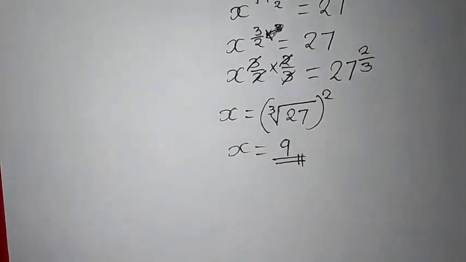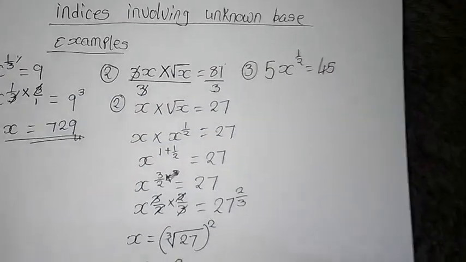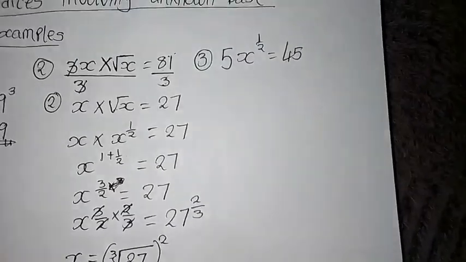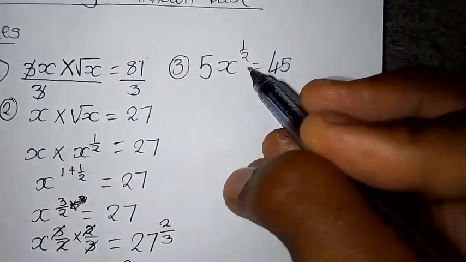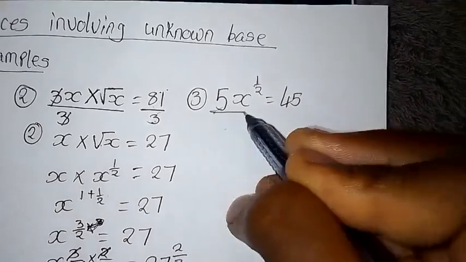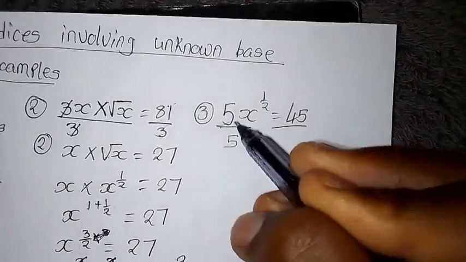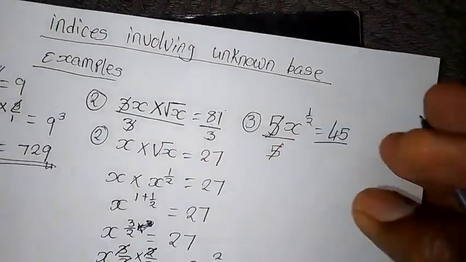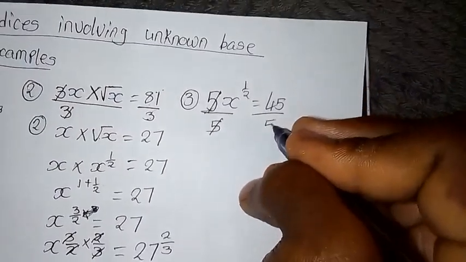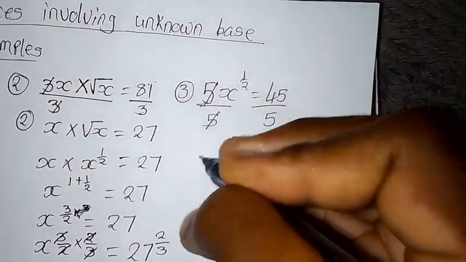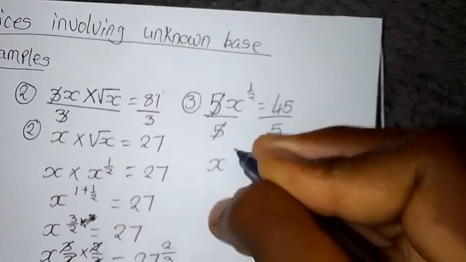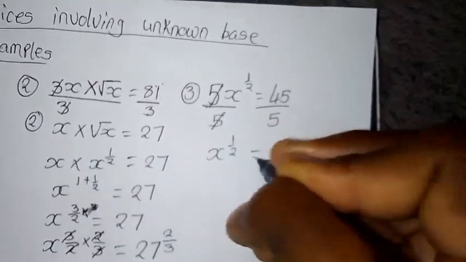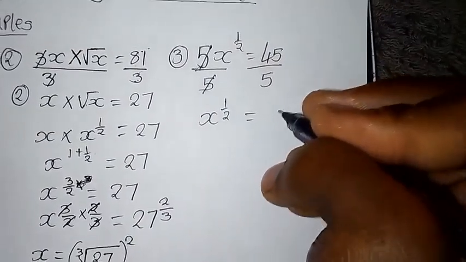So let me do now the last question of the video. For this one, we'll divide 5 both sides. So x power 1 over 2 is equal to 9.